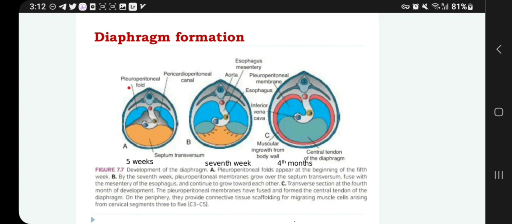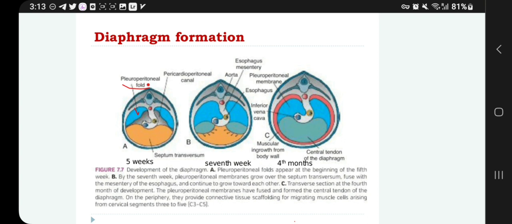And after that, the two pleuroperitoneal folds from the posterior wall start growing until they arrive at the esophagus mesentery. What's the meaning of mesentery? Mesentery is a part of the connective tissue that attaches the gut to the posterior part.